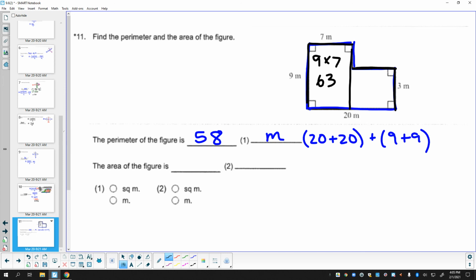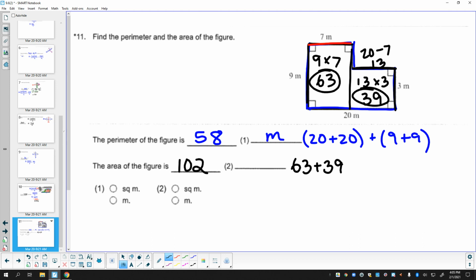I know the entire base at the bottom is 20, and this part at the top was 7. So I can do 20 minus 7 and figure out that this is 13. 13 times 3 is going to give me my total area here, which is 39. So if I add up my 63 and my 39, I can add those and get my total area, which is going to give me a total of 102.